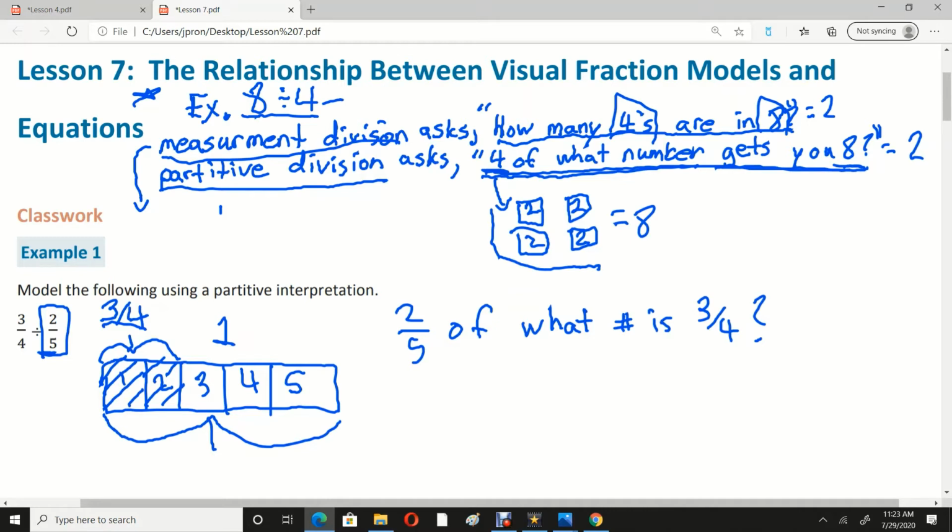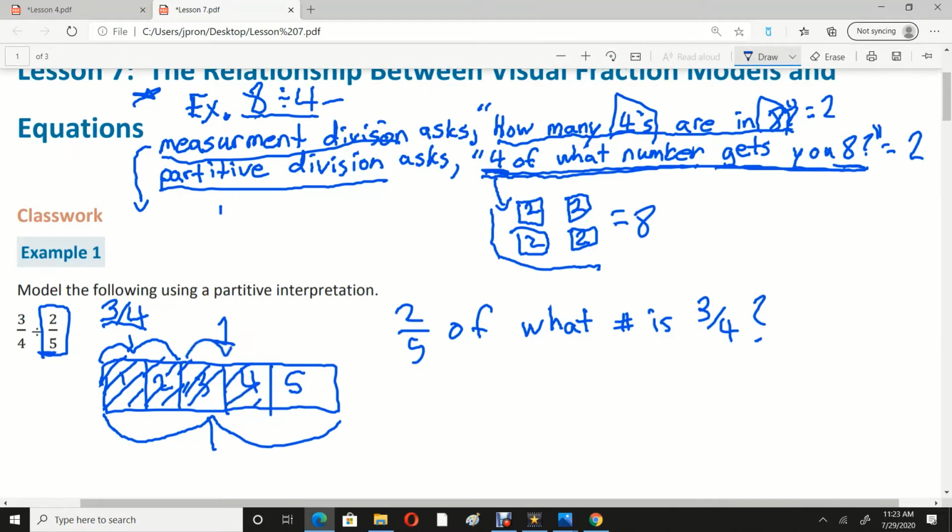So we can already assume that this other 2/5 is also going to represent 3/4, right? This section represents 3/4. This section is equal to this section, so it also represents a value of 3/4. So then what about this section right here? What's the value of this last section right here?